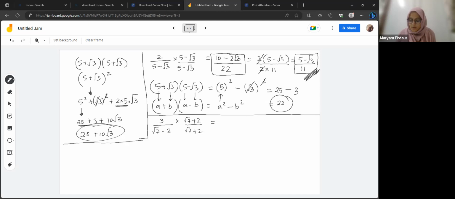So here the numerator becomes 3 multiplied by root 7 plus 2, divided by, what does the denominator become?